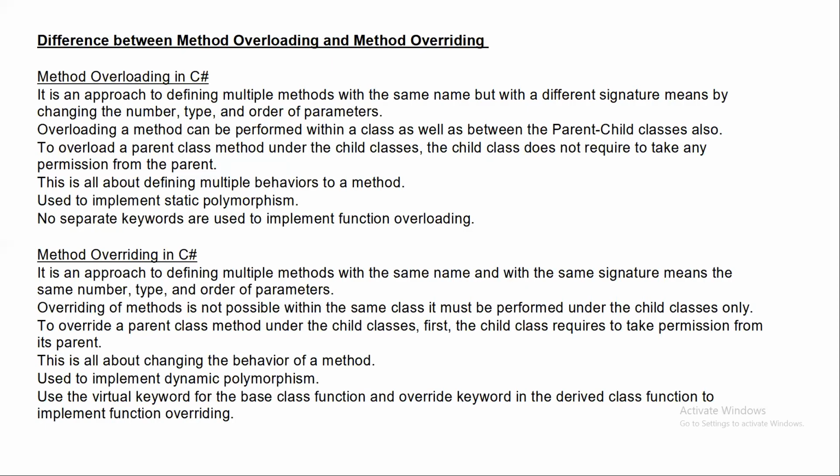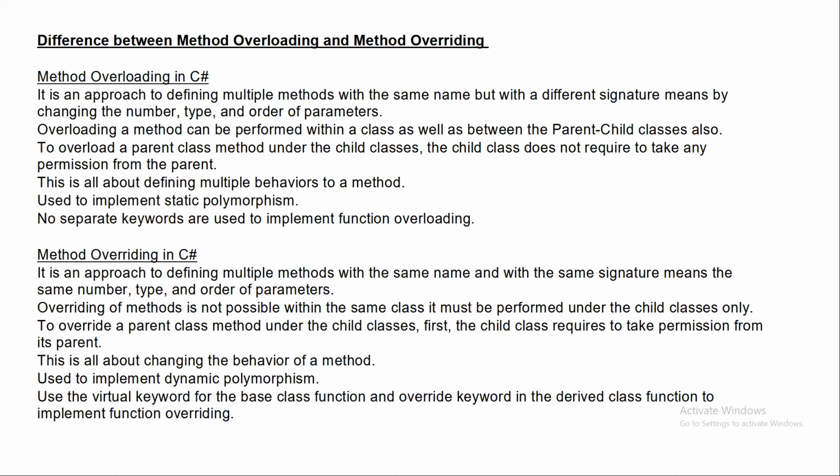Now let's understand the difference between method overloading and method overriding. Overloading, as I mentioned, is where the method name is the same but the signatures are different. Overloading can be done within the class as well as within two different classes by establishing a parent-child relationship.